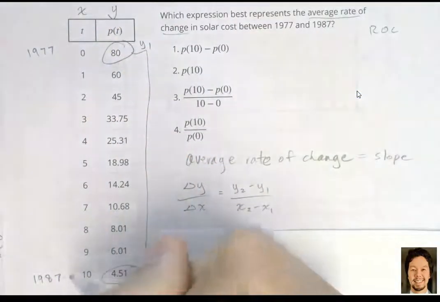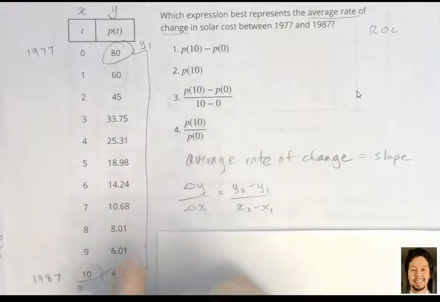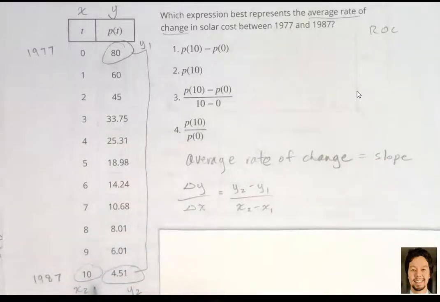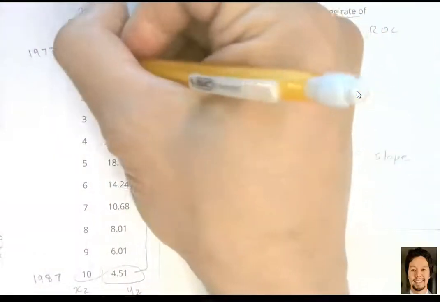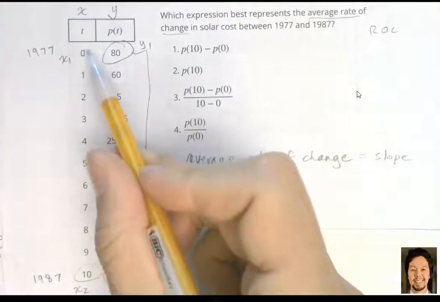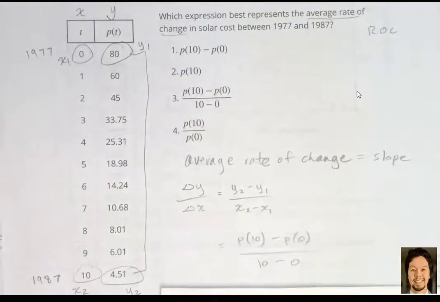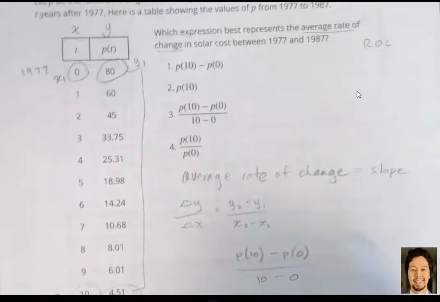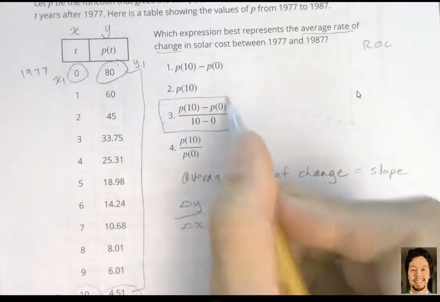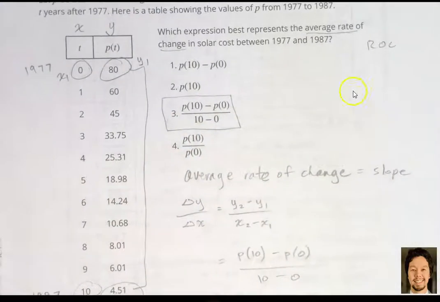And x2 would be 10, because 1987 is 10 years after 1977, and x1 is 0. So given all that, we would set up this expression, so the answer is 3.